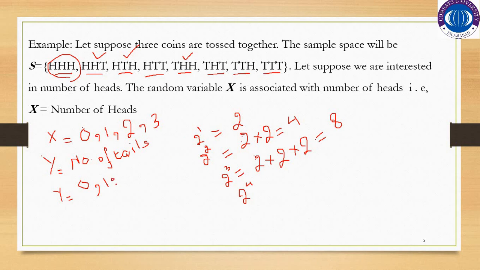Y is equal to 2 represents the outcome which has two tails, and Y is equal to 3 means the outcome which has 3 tails, like this one. Similarly, you can associate a random variable with the number of tails. So random variable is a real valued function which we associate with the sample space of a random experiment.